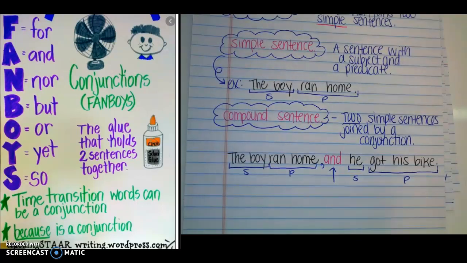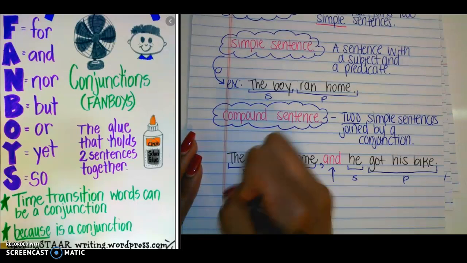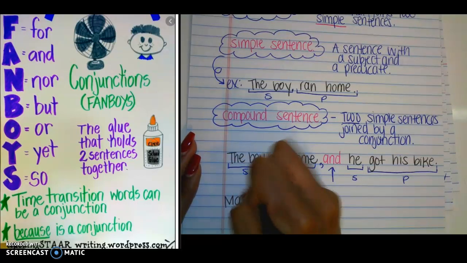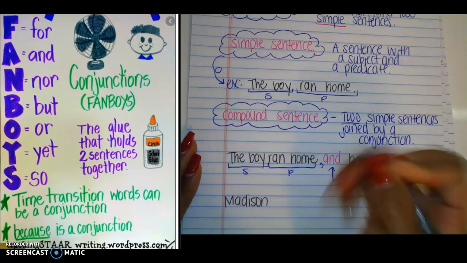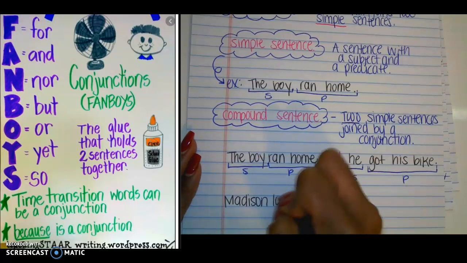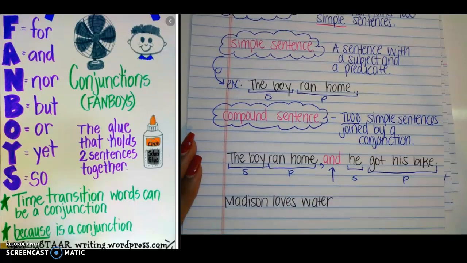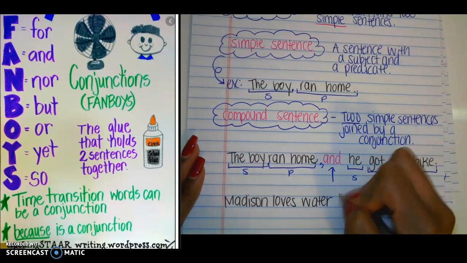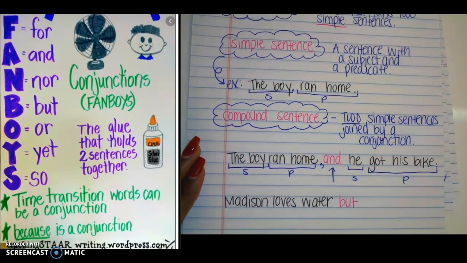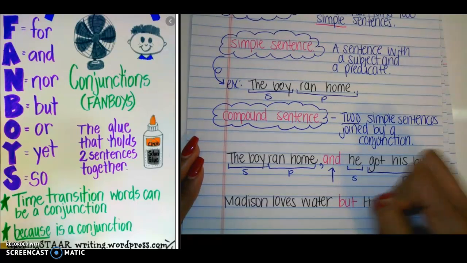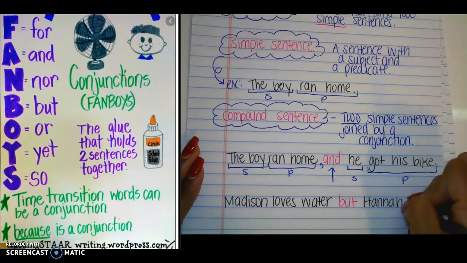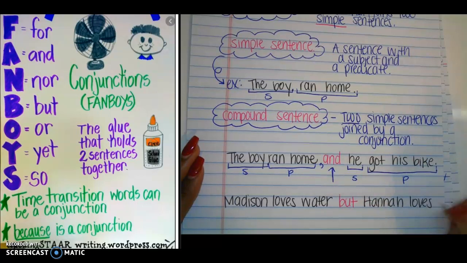So let's do another example. After this, you're going to do some practice on your own. Well, I'm going to give them to you. I'm going to use my kids as an example because I like to. Madison loves water, but Hannah loves juice.